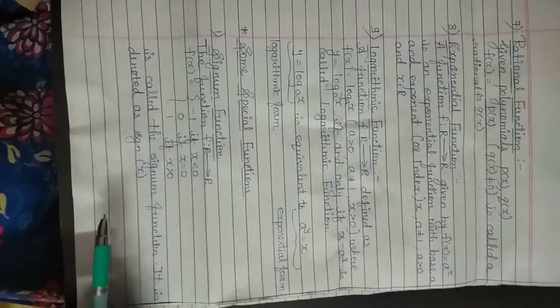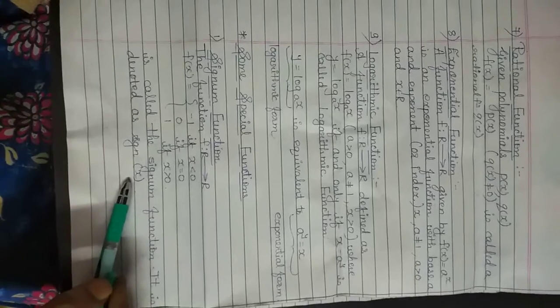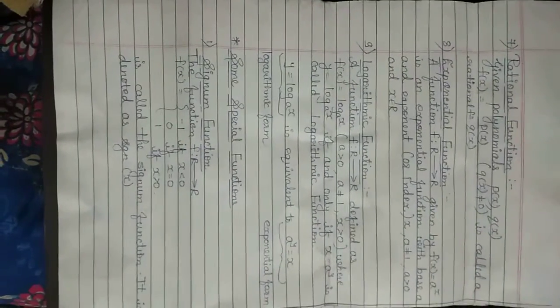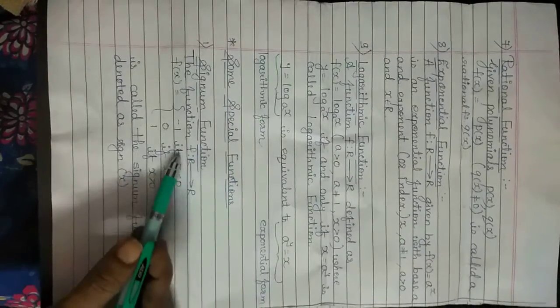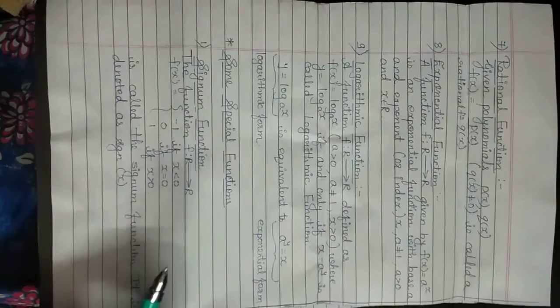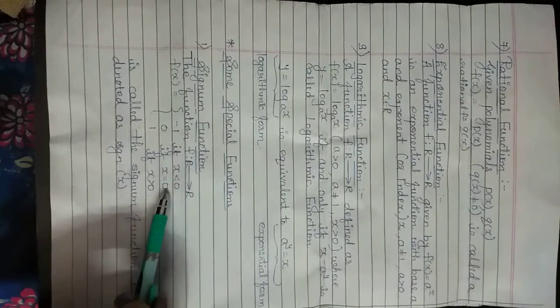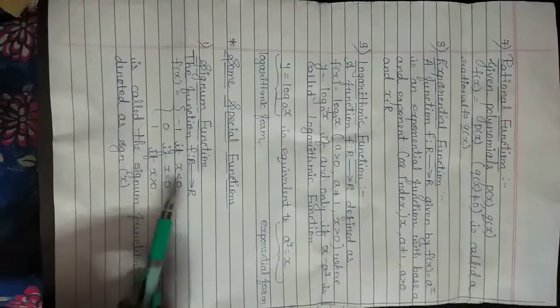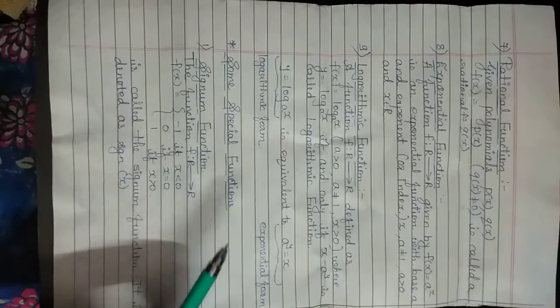It is denoted by sgn, that is, signum of x. Now here, according to the condition, we consider the given function. We already solved the sums related to this. Suppose 3 functions are given at a time, then by looking at this condition we will decide which function we will consider.